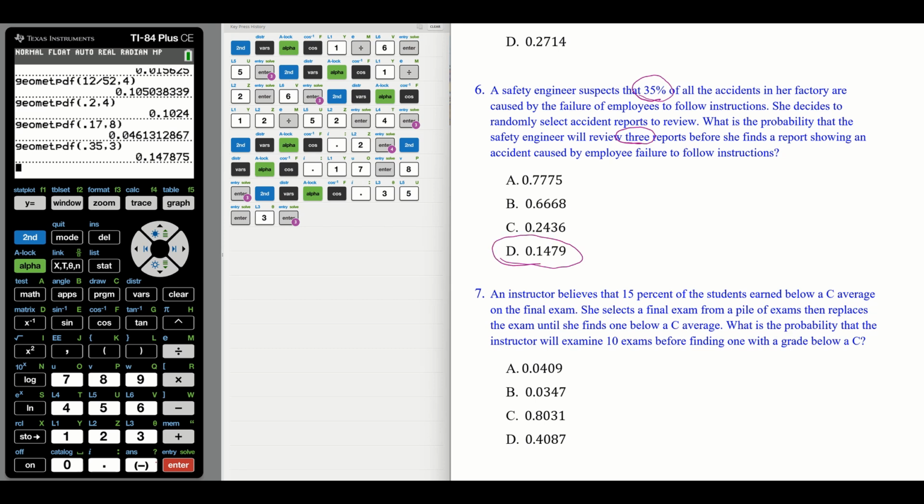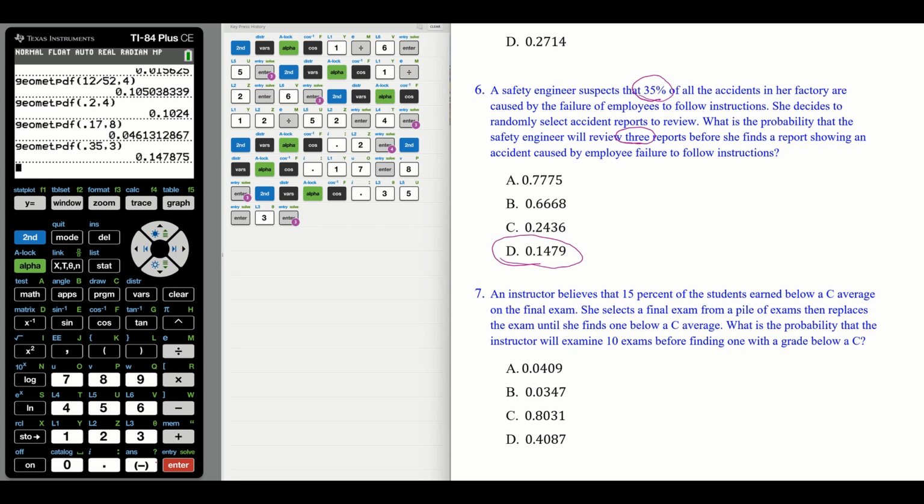Number 7. An instructor believes that 15% of the students earned below a C average on the final exam. She selects a final exam from a pile of exams, then replaces the exam until she finds one below a C average.